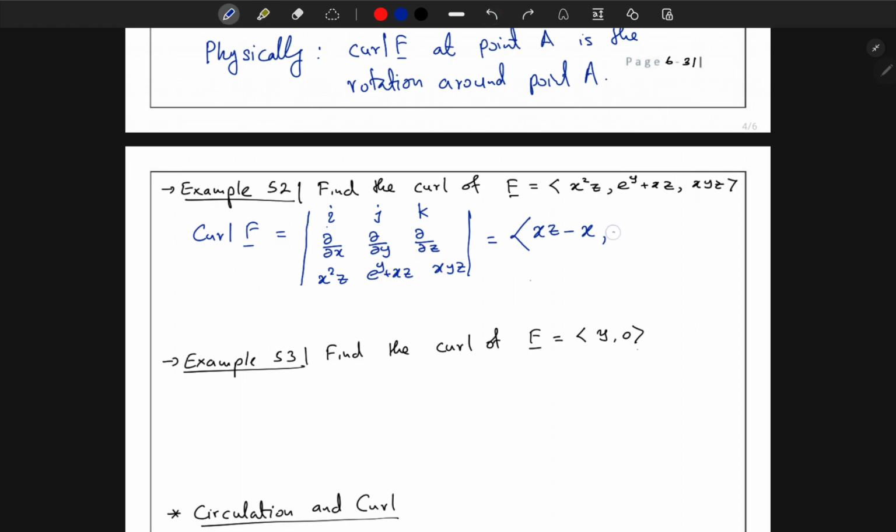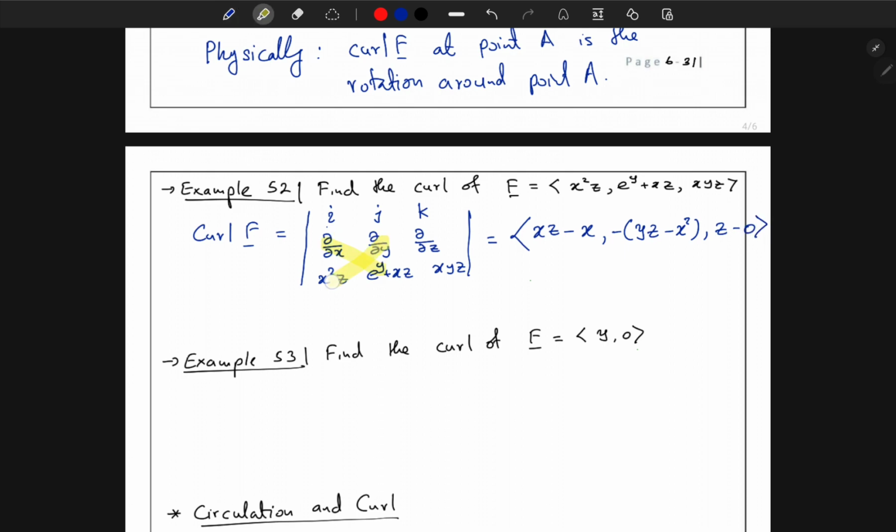Now to find the second component, it's negative yz minus x squared. So I use these two to find the second component. And finally the third component, z minus 0.